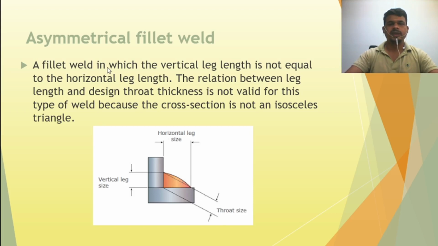So in this fillet weld, when the vertical leg length is not equal to the horizontal leg length, the relation between leg length and design throat thickness is not valid for this type of weld because the cross section is not an isosceles triangle. So for this case, you cannot calculate weld size by the formula I showed previously. So this is called the asymmetric fillet weld.